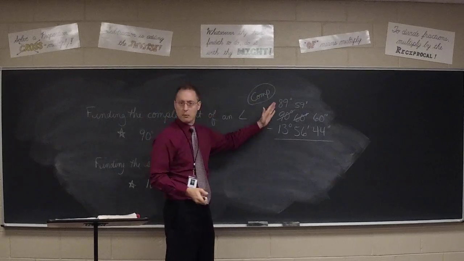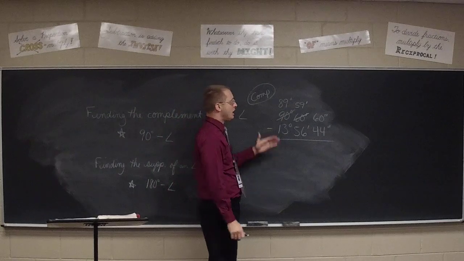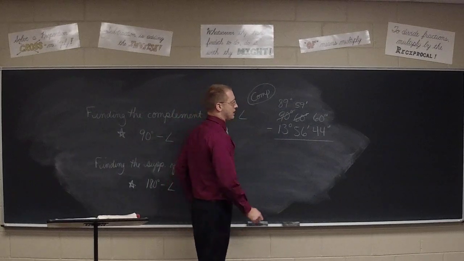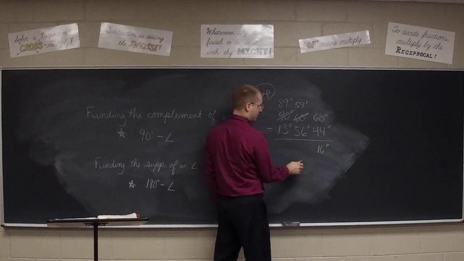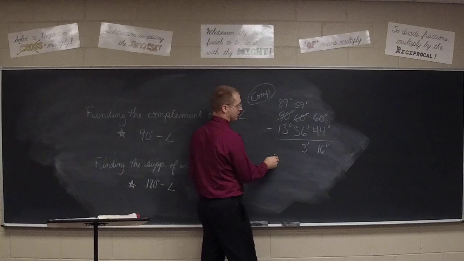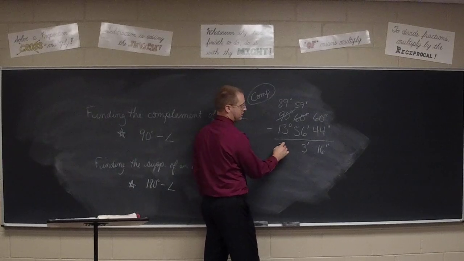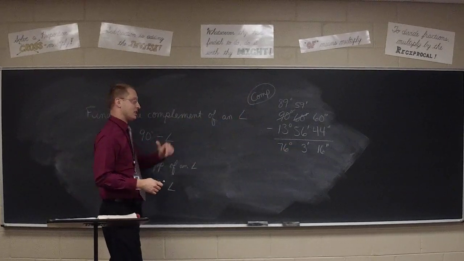And so it's kind of a double borrowing thing that we have to do, which again, you're familiar with from normal subtraction. And Kendall, what do we get for our answer here? 16 seconds. Good, 3 minutes, good. And 76 degrees. There we go. So we get 76 degrees, 3 minutes, 16 seconds.